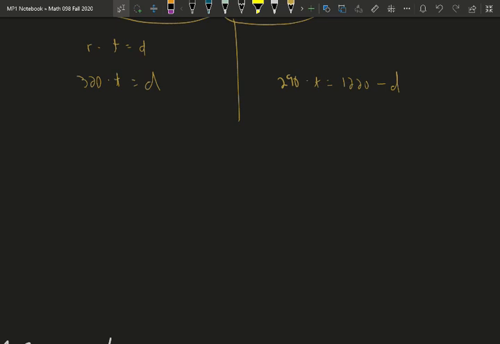One way is you could solve them both for T like I did before, or you notice this is already equal to D, so I could just plug that in right there.